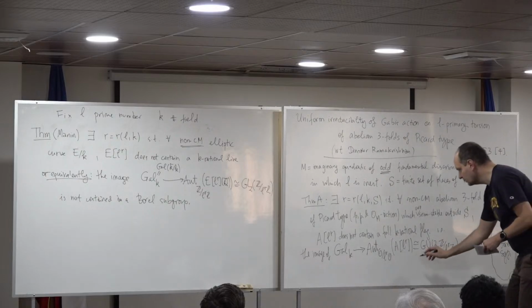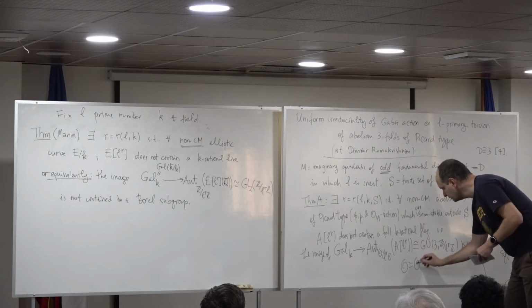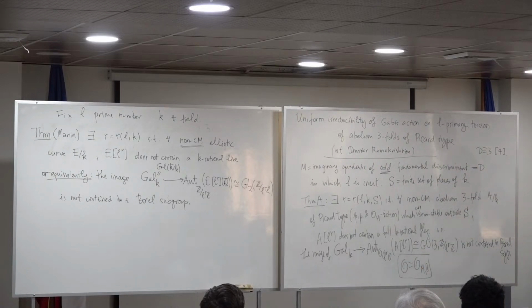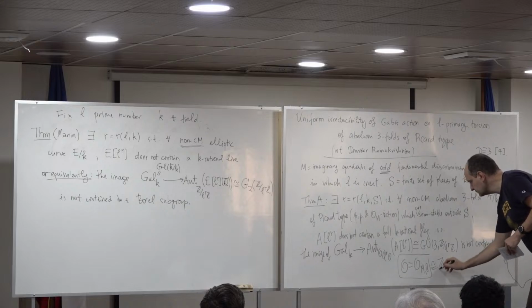And O is just O_{M,L}. Recall that L is inert in M, so basically this is isomorphic to Z_L squared.